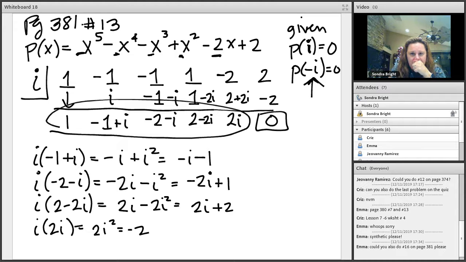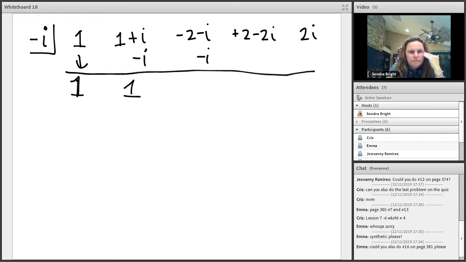So that's a 2i. What's the matter? What did I do wrong? Negative i. Those should cancel right now, and they're not. Frickety fracketer. 1, negative i. These should cancel.